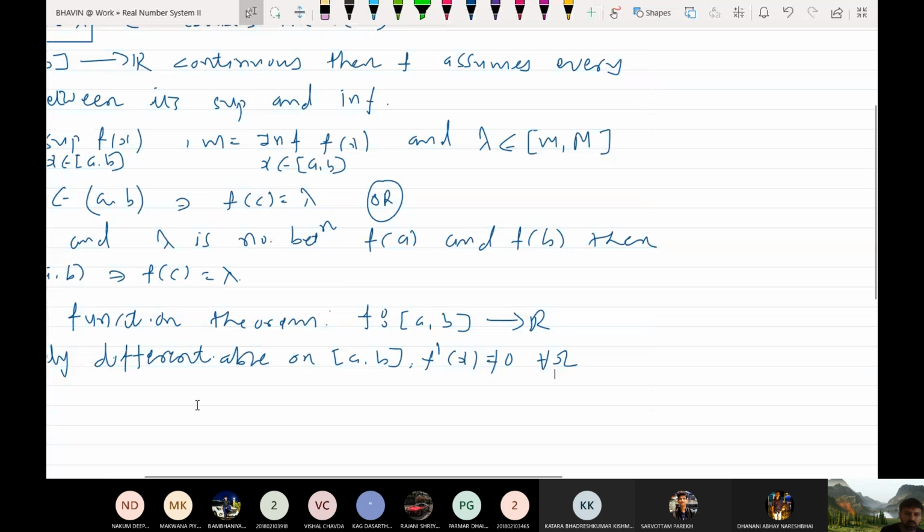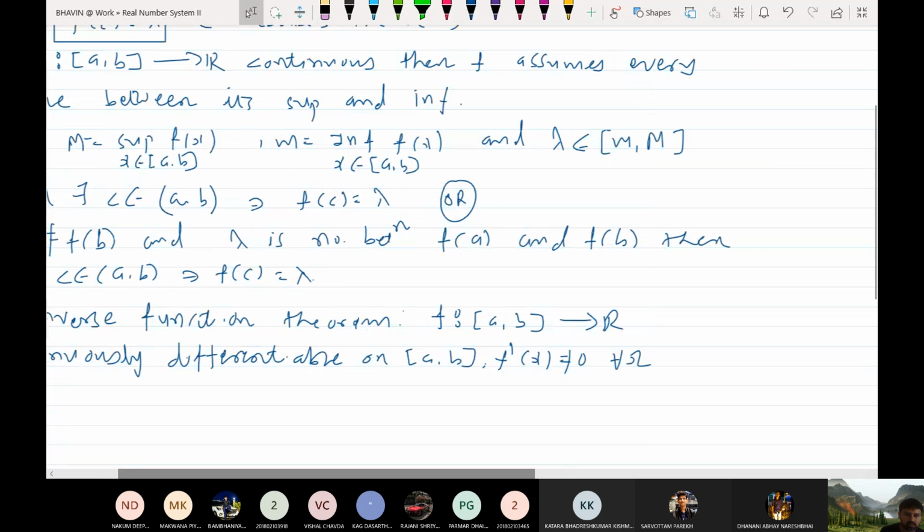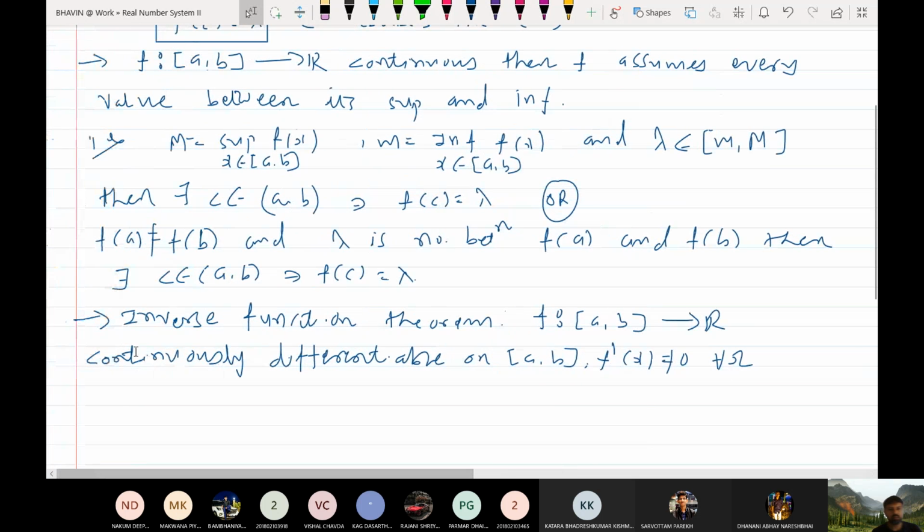f'(x) is non-zero for all x. This is the statement.